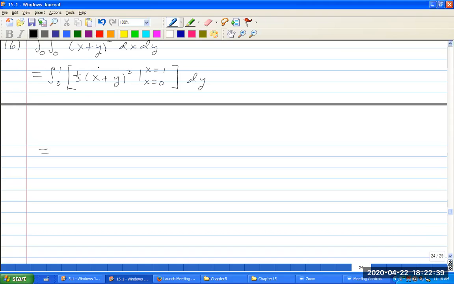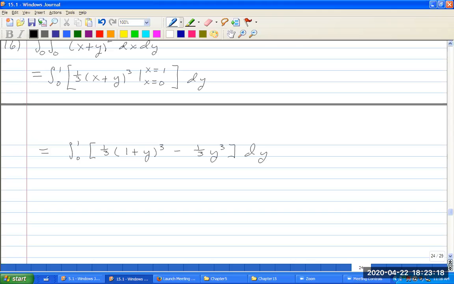And so I just get 1/3, 1 plus y cubed, minus plug in x equals 0, 1/3 y cubed.